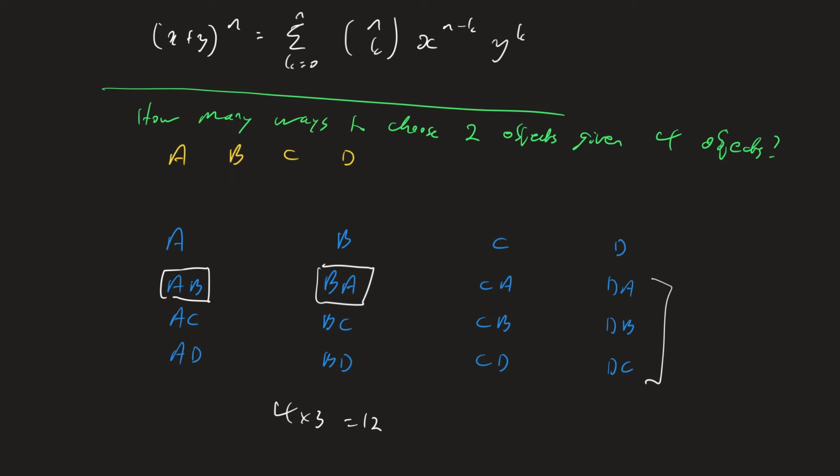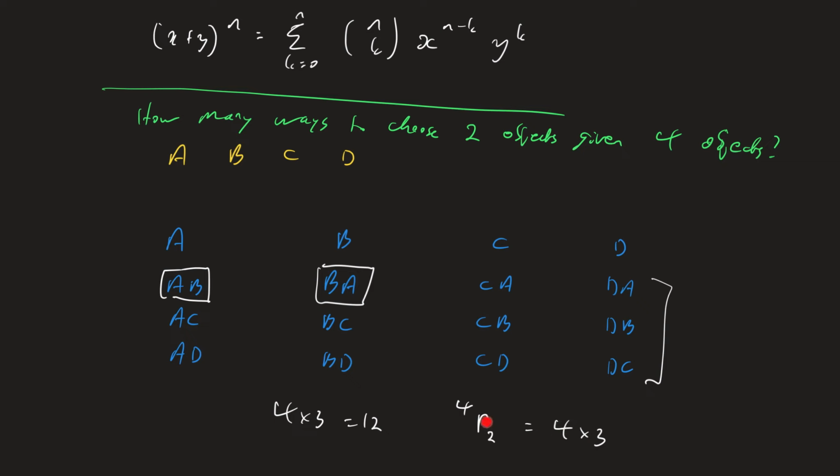So we can say if we've got 4 things and we choose 2 of them where order does matter, then the answer we've seen is 4 times 3. And the justification is that if I start off with 4 objects, then on my first choice I've got a choice of 4 things. On my second choice, because I've already used up one of the objects, I now have 3 objects remaining.